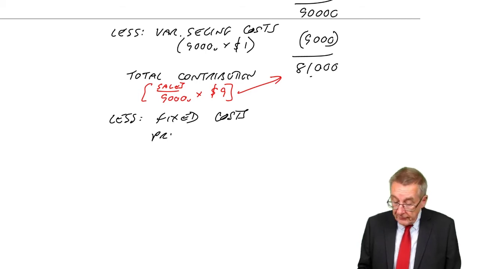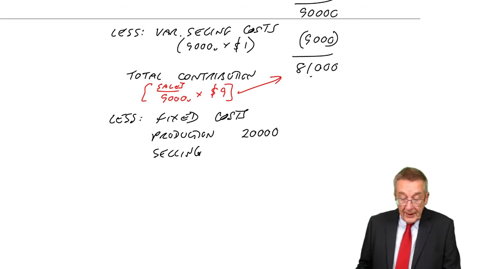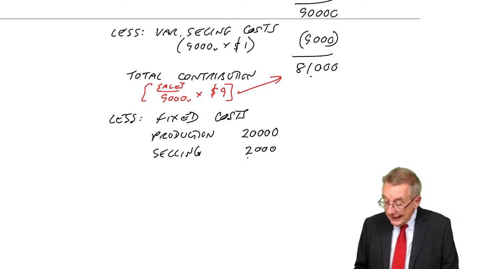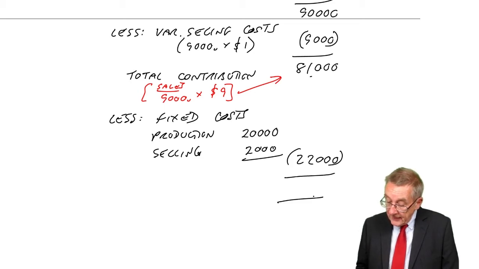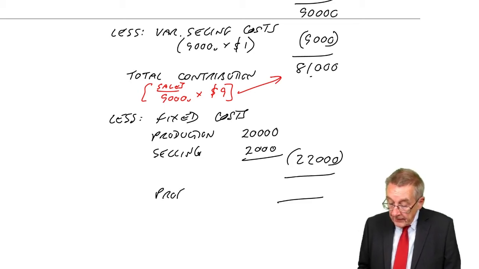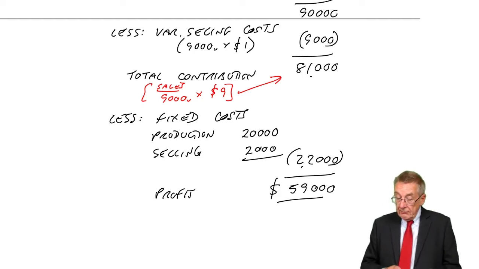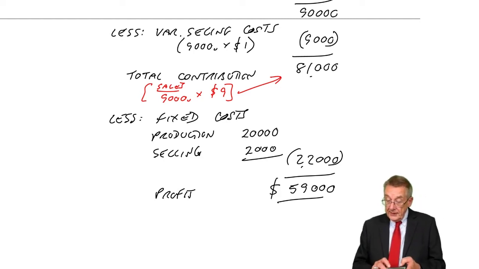Here, the production fixed costs, up at the top, 20,000 a month. The selling fixed costs, 2,000 a month. Total 22,000. And therefore, the profit is 59,000. Have I got my arithmetic right? 81 minus 22.